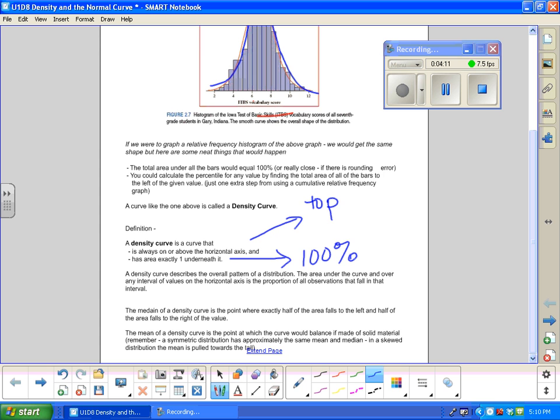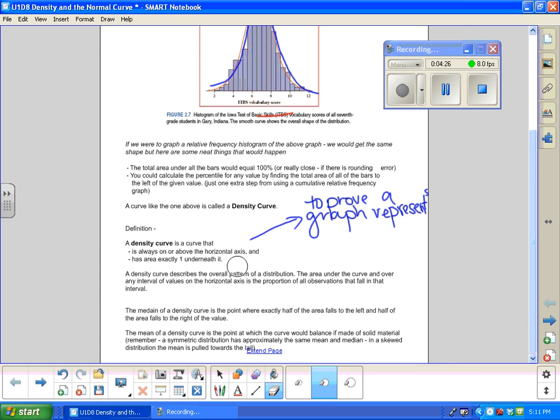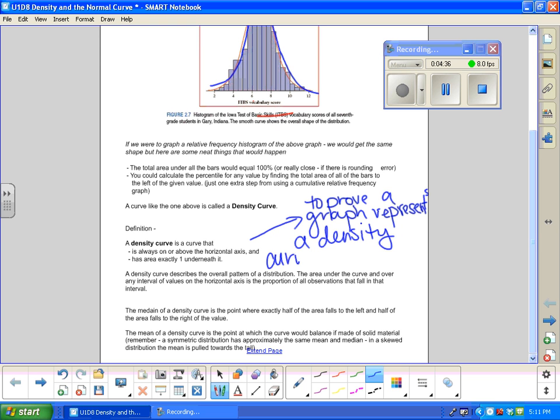So, to prove that a graph represents a density curve, show these are true. We'll have an example of this in just a few minutes.